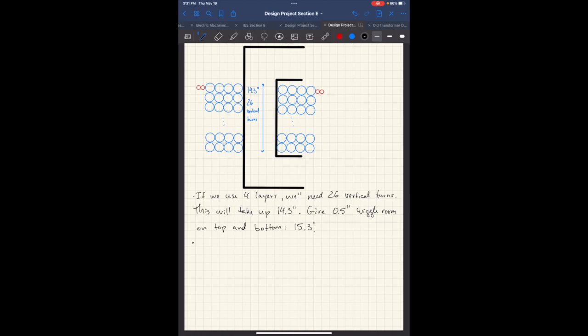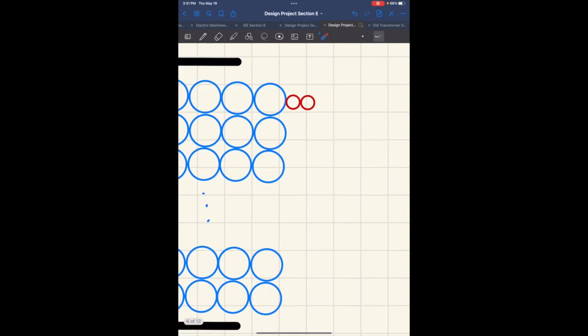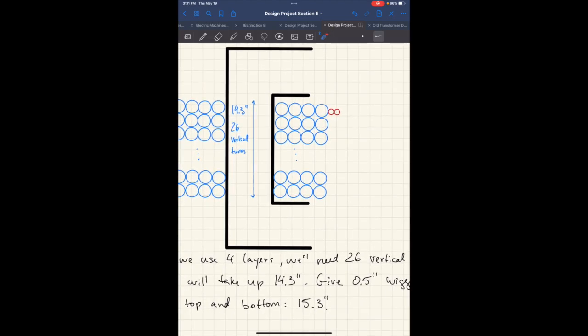So now the diameter of the high side conductor is going to be 0.1936 inches. We calculated it. We need to see how many turns we're going to get vertically. Anyone know how we can do that?